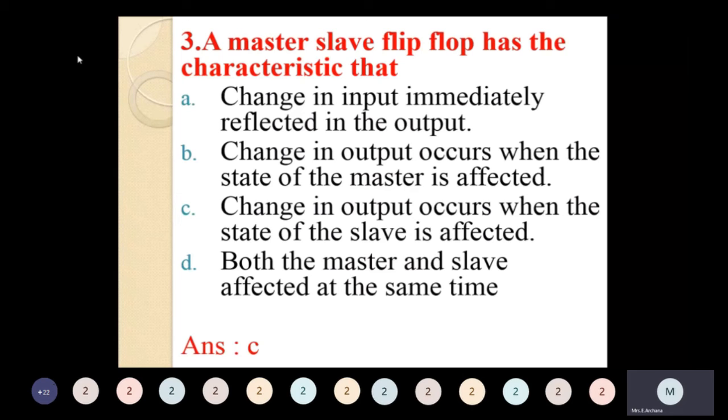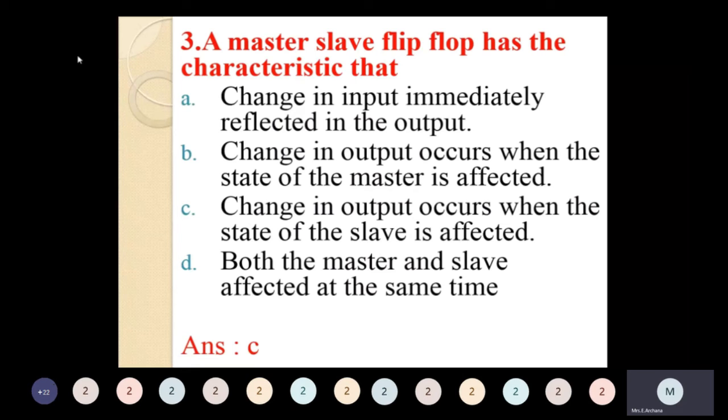So the correct answer is C. When the master gives the instruction, the slave acts upon it, processes it and produces the output.